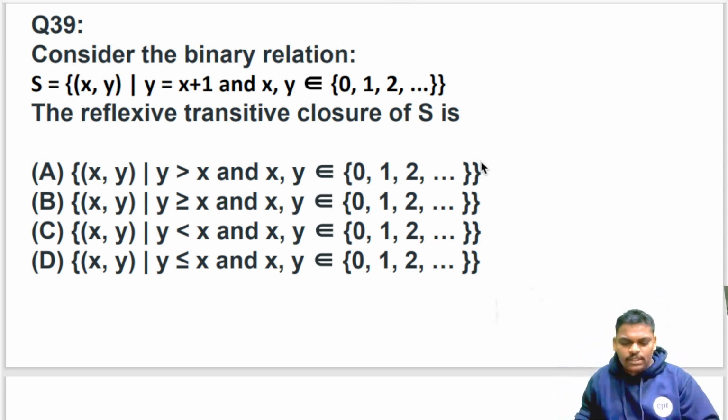Transitive closure of S is equal to, first of all, S itself. Next, what are the minimum things I have to add so that it will become a transitive relation?